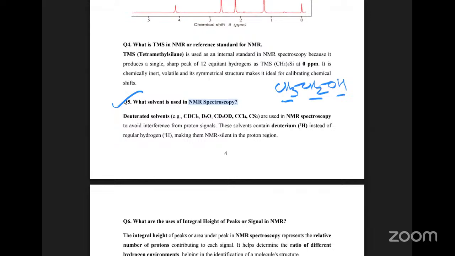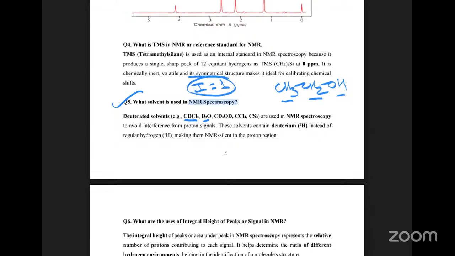So this peak should not interfere. So we use deuterated solvents. That means the hydrogen is replaced with deuterium, and deuterium spin is 1. So the spin of 1 in case of proton NMR will not show an active peak.